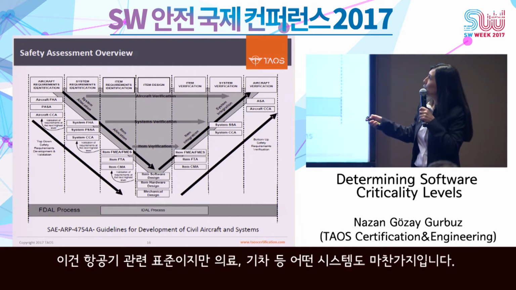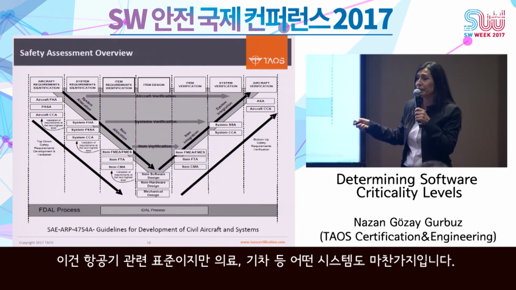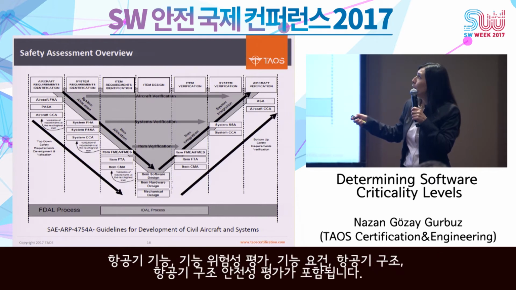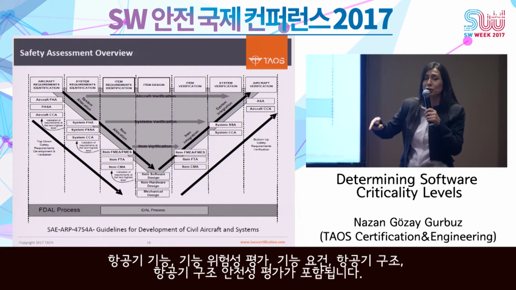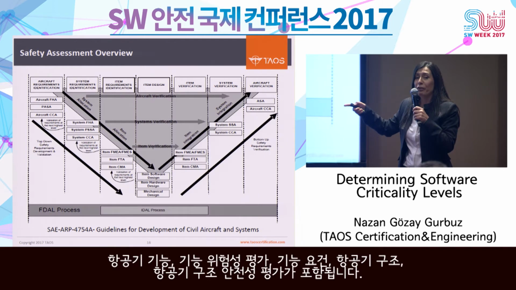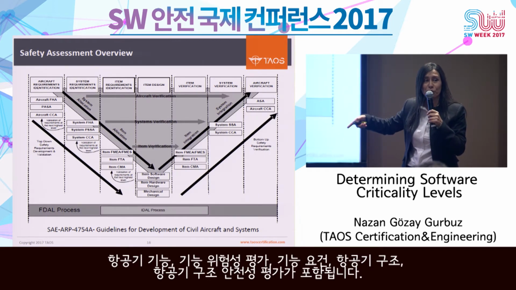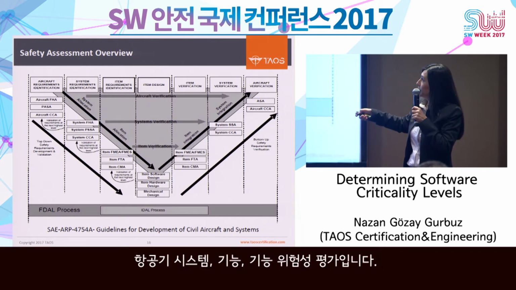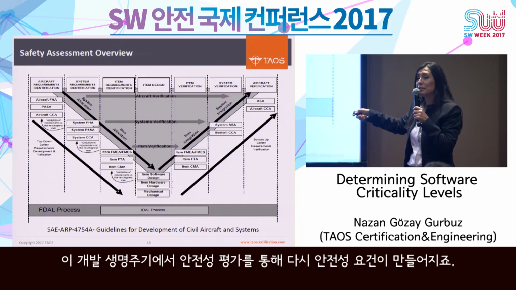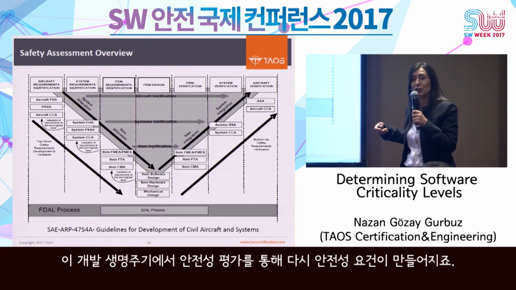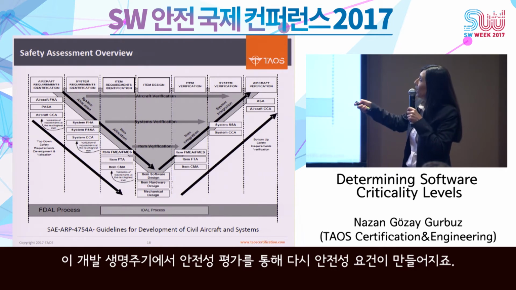Now for aircraft, you can put here a medical device, a train, or whatever safety-critical system at the top. Aircraft function, functional hazard assessment, functional requirements, aircraft architecture, safety assessment of that architecture, aircraft systems, functions, functional hazard assessment. You see safety assessment in those development lifecycles, going back and forth, generating the derived safety requirements.